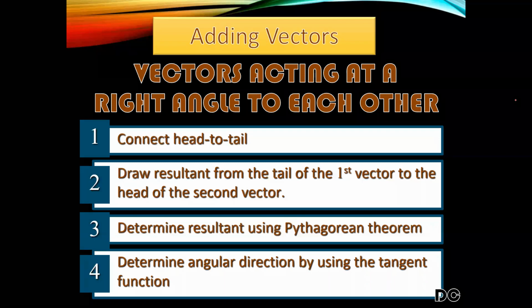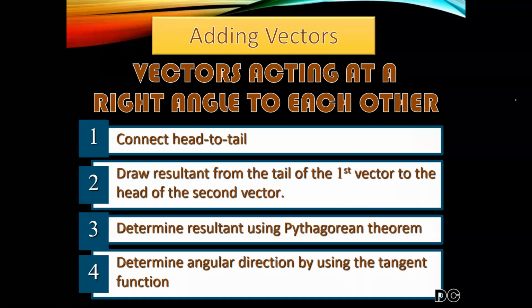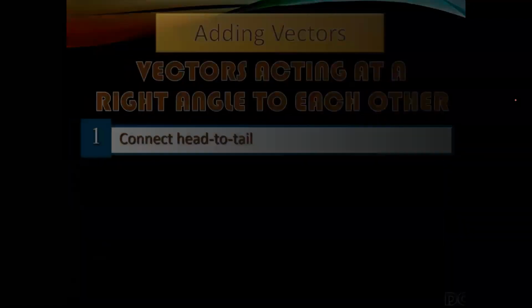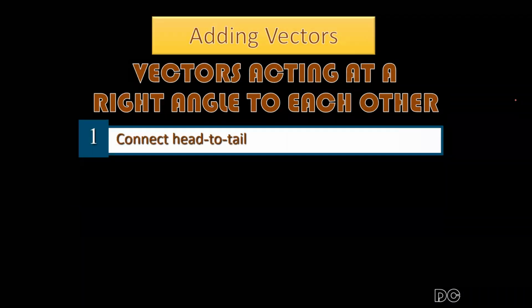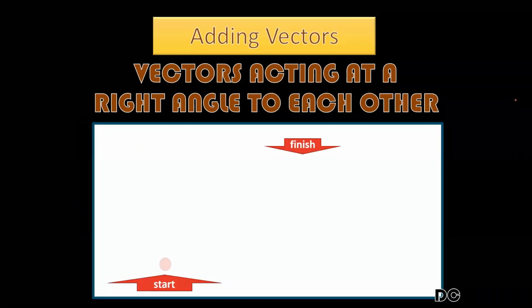Okay, so, let us try. Let's try first how to do these steps. So the first step is: connect head to tail. If this is your first vector, from the head of your first vector, the head being the one with the arrow sign, you connect the tail of your second vector.